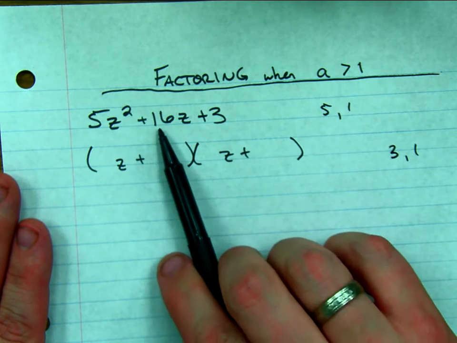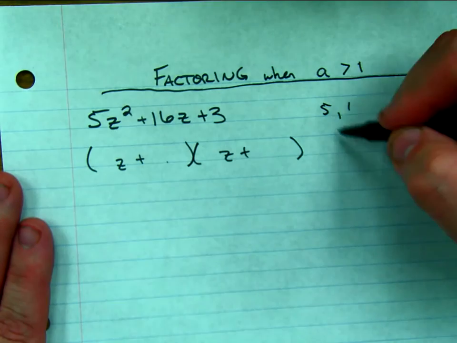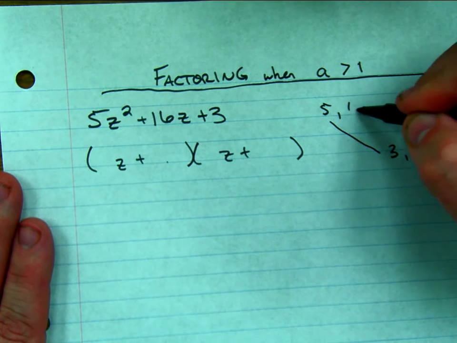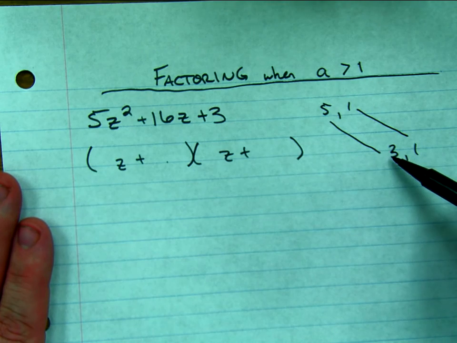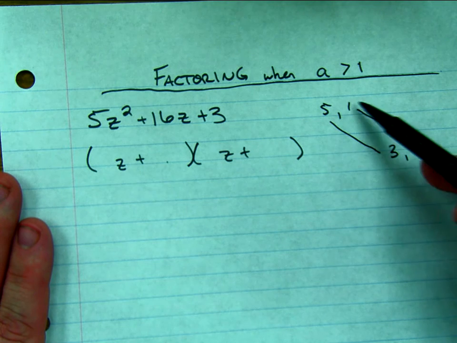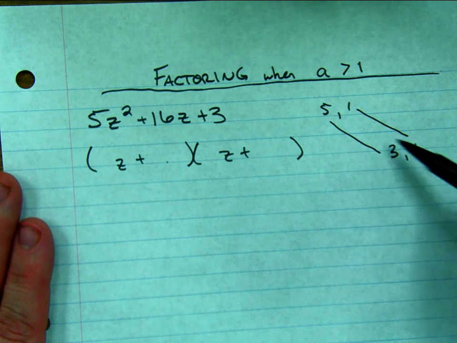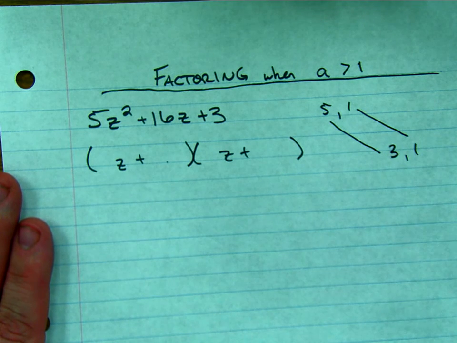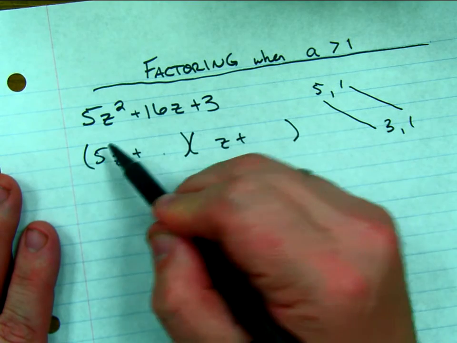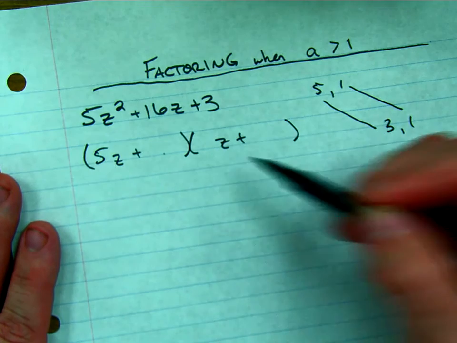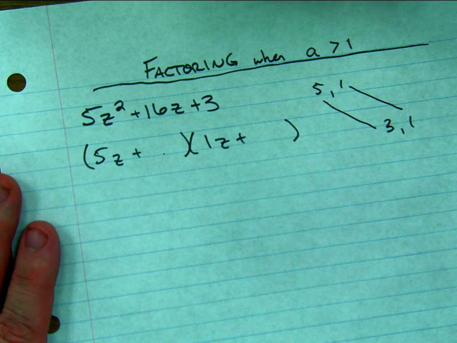That's not enough. The other combo is that the 3 matches up with the 5 and the 1 matches up with the 1. 5 times 3 is 15. 1 times 1 is 1. 15 plus 1 is the 16. So I know that I need a 5 and a 1. Put it here if you like.